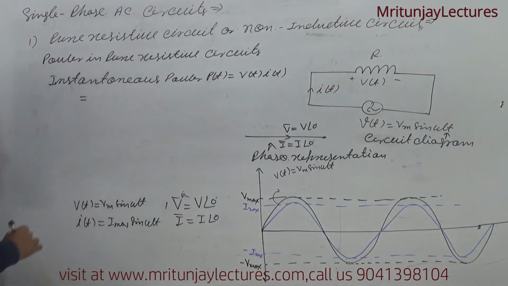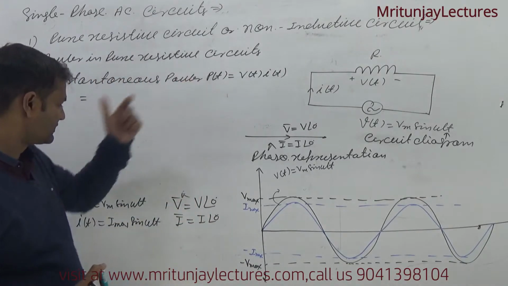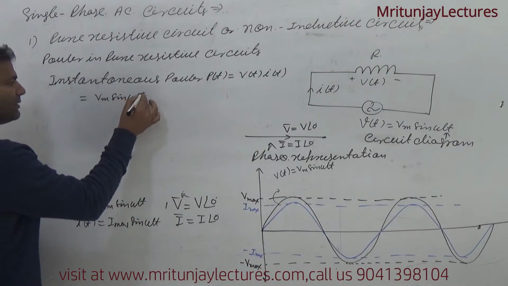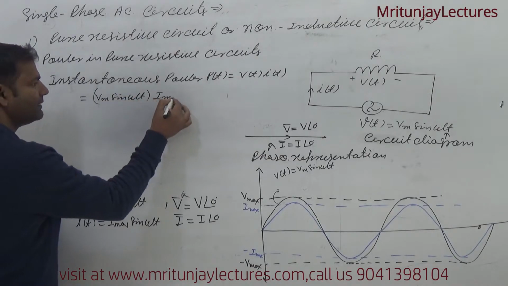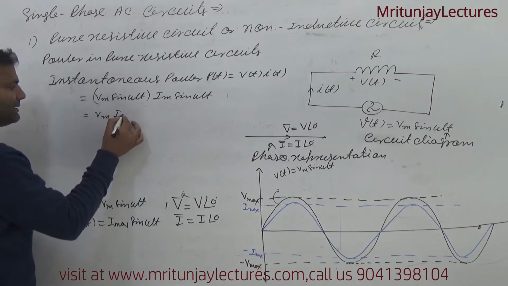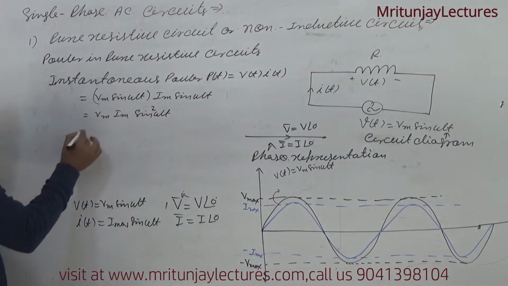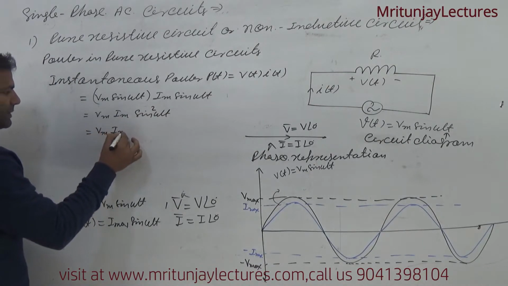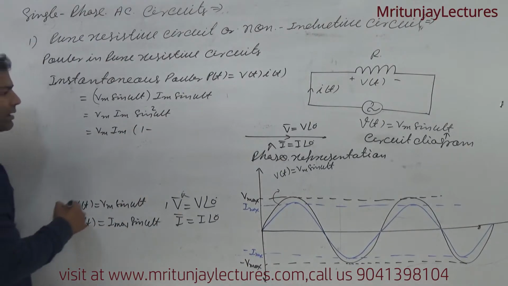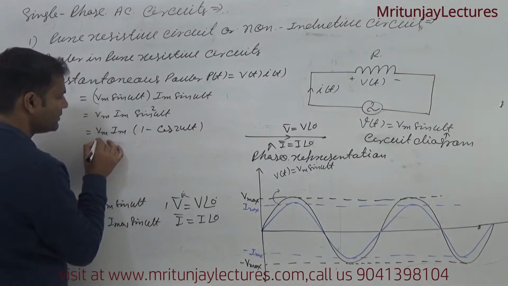So if in the exam you are asked about instantaneous power, then write this expression: Vm sin omega t into Im sin omega t, that is Vm Im sin square omega t. This is written as Vm Im into (1 minus cos 2 omega t) divided by 2.